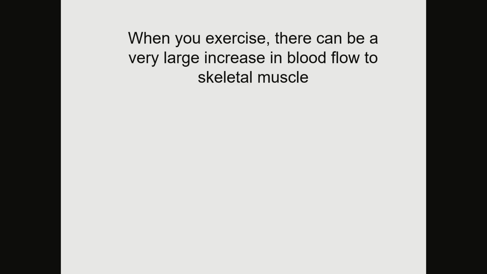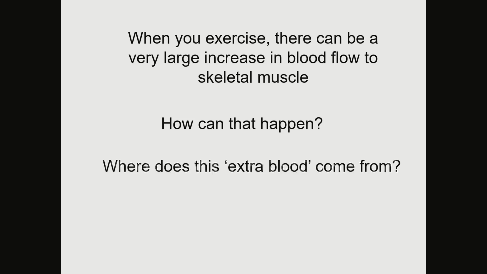What about when you exercise? There can be a really large increase in blood flow to skeletal muscle. We talked about that. It can go up to like 20-fold. Your skeletal muscle needs lots and lots of energy, especially if you're exercising really strenuously. How can that happen? I only have so much blood in my body.